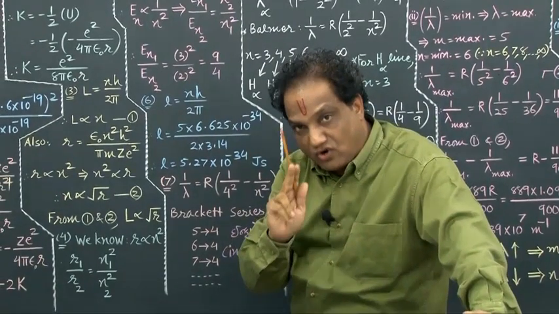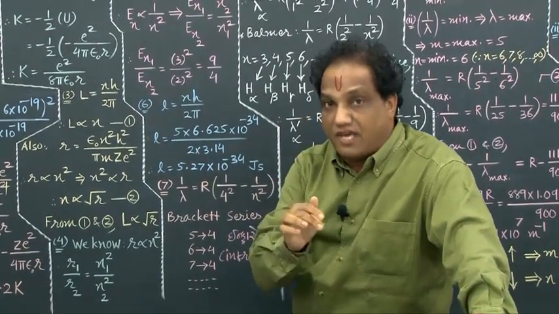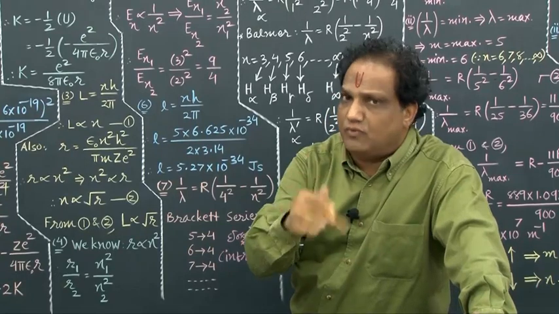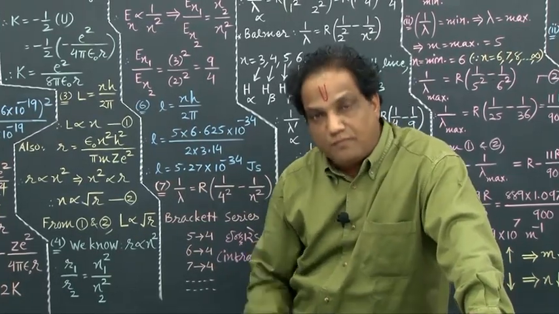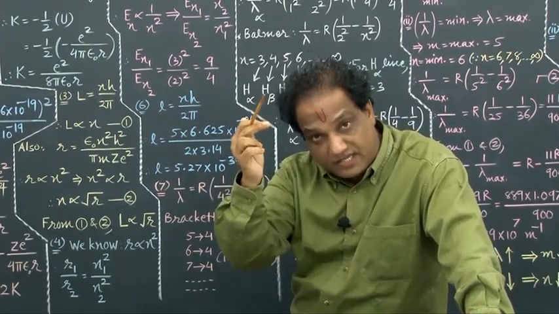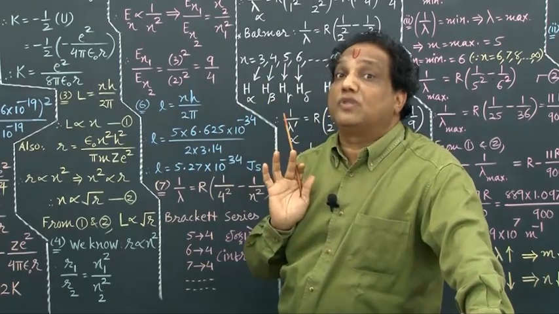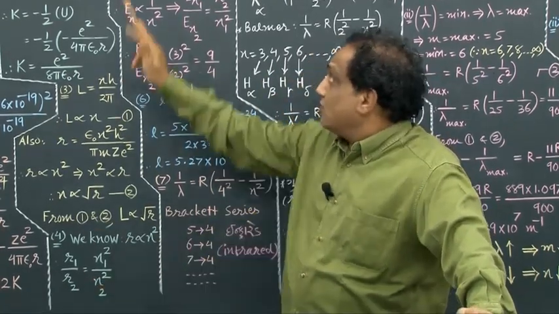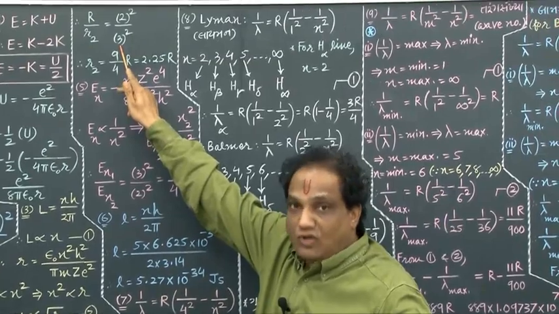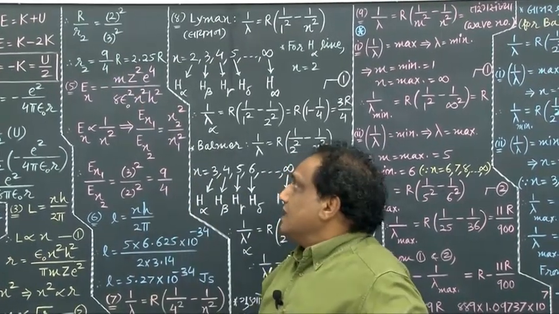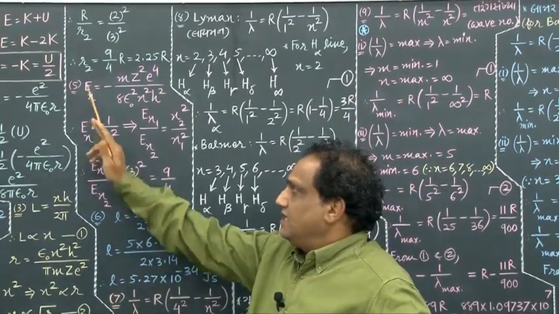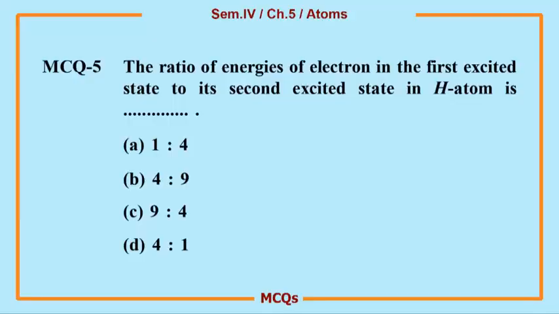Second value of order of orbit. If they give second state, you may take N2 equal to 2. But if they give second excited state, then you should take N2 equal to 3. That's why I've taken here N2 equal to 3. Got it? Fine. Now, read this statement of number 5.